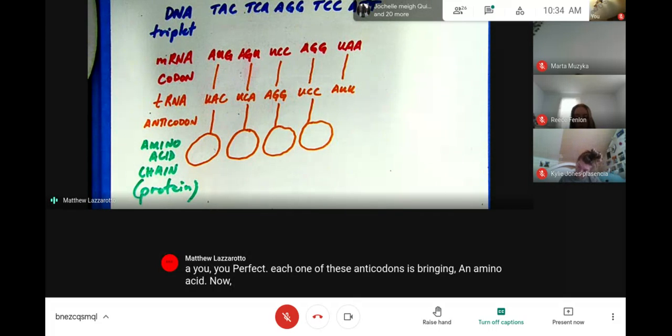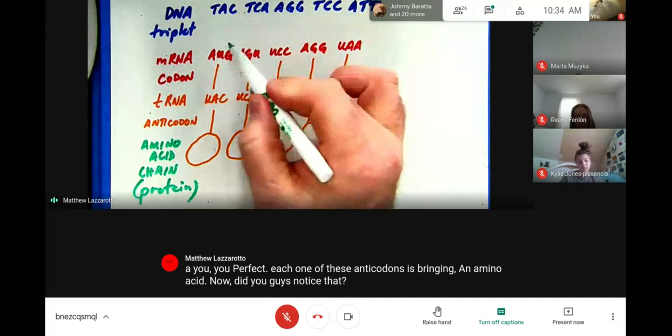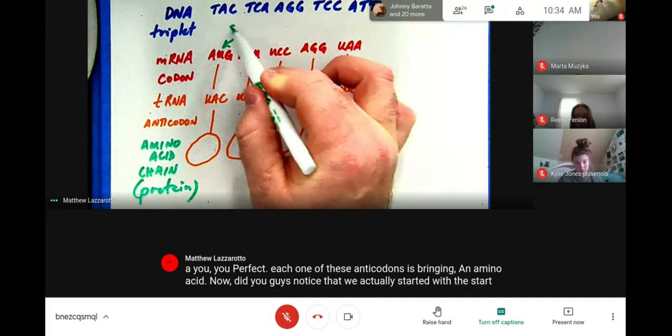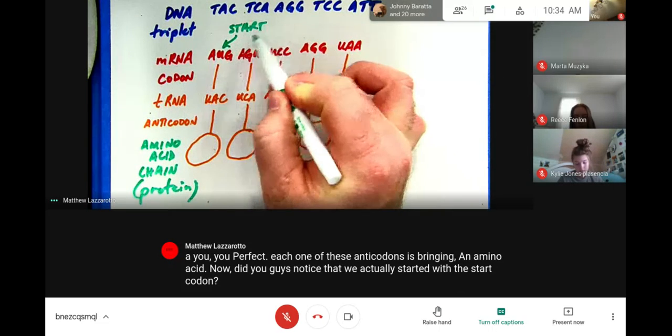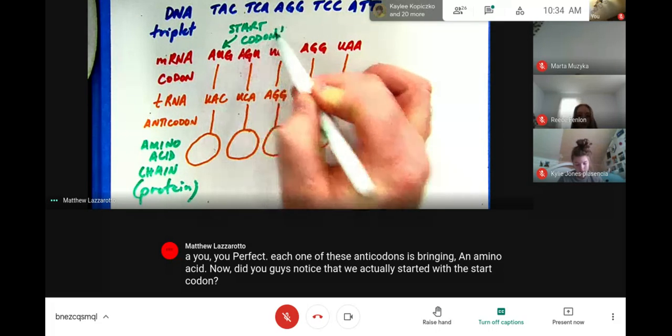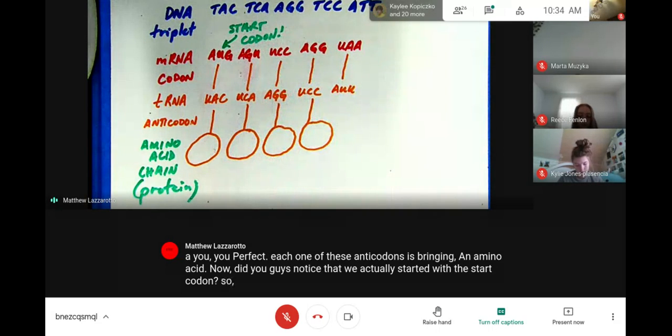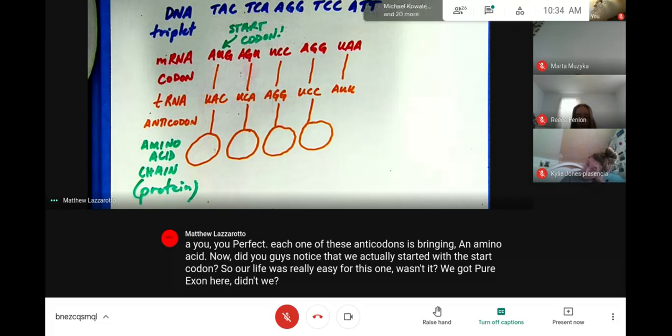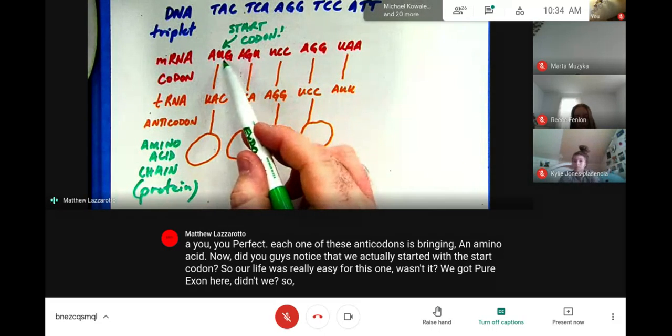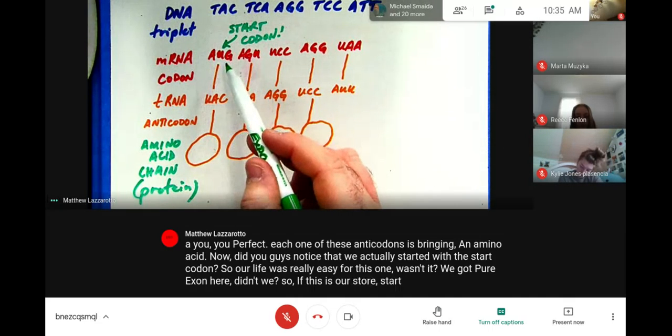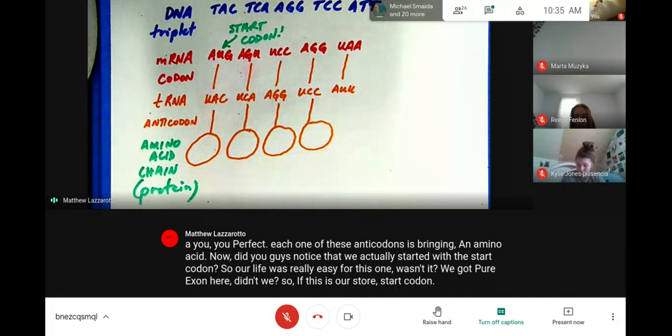Now, did you guys notice that we actually started with the start codon? So our life was really easy for this one, wasn't it? We got pure exon here, didn't we? So if this is our start codon, AUG, we take a look at our chart.